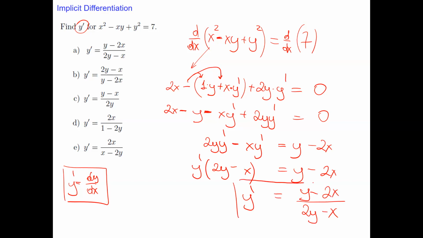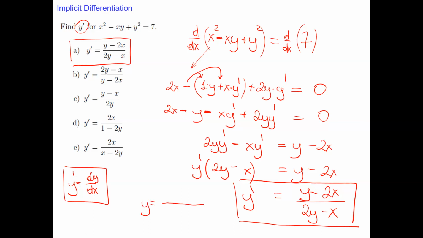But let's see, maybe we have to use algebra. Do we have that form? Actually, we do have the form. Okay, because I was also thinking, just in case, if you will factor out negative, if you will rearrange a little bit different, you may get the answer 2x minus y over x minus 2y.